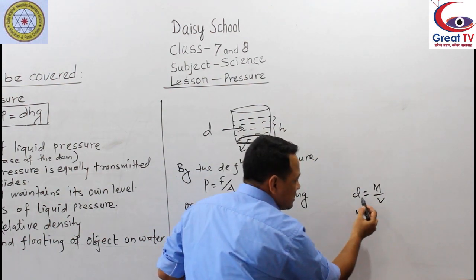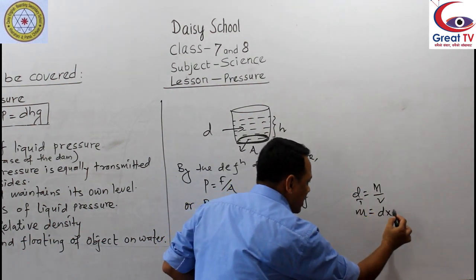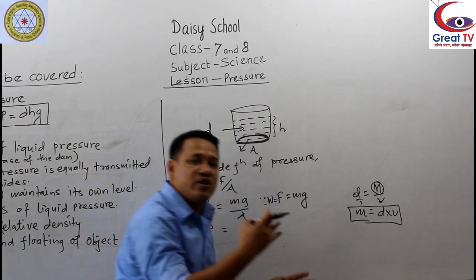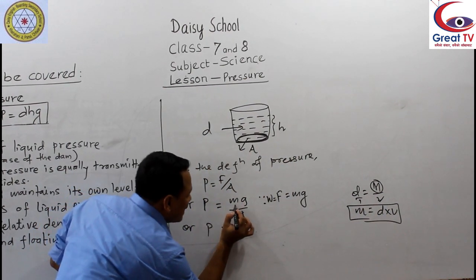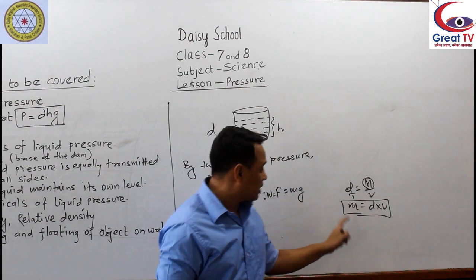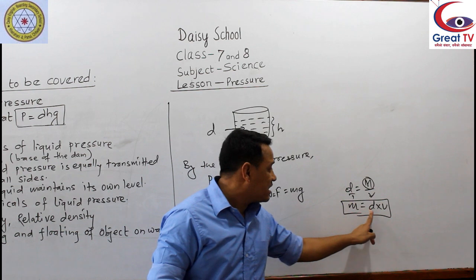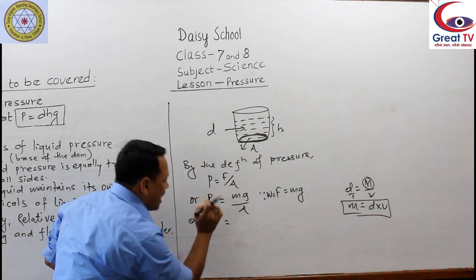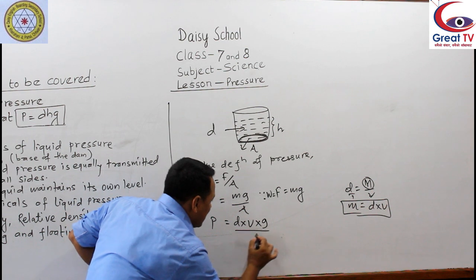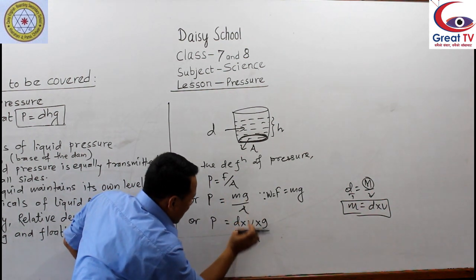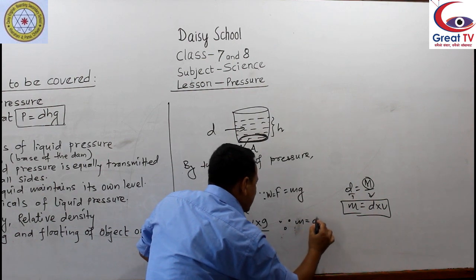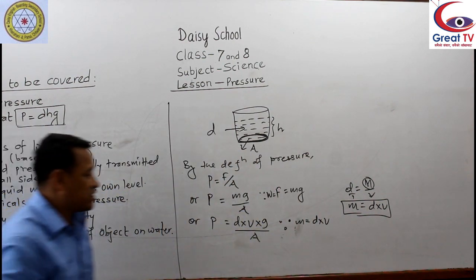Then by cross multiplication, mass equals D into V. That's why instead of this m, we can write density times volume, because density means mass per unit volume and mass means density into volume. So P equals d times v times g by A.